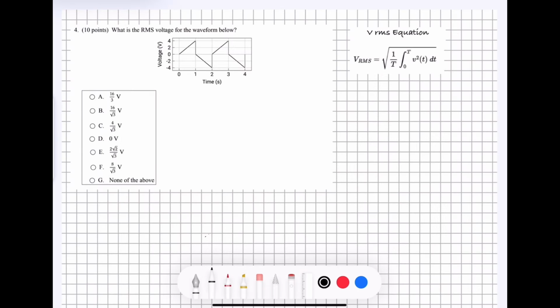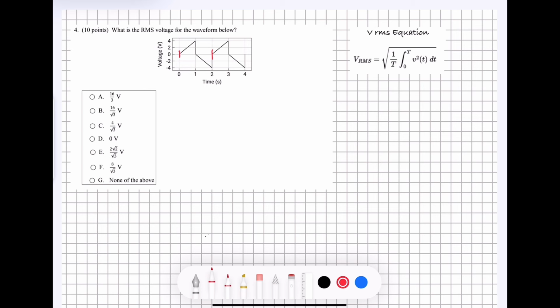Question number 4 is asking, what is the RMS voltage for the waveform below? In order to solve this problem, we first need to figure out the period over which we want to solve it. And to do that, we need to know what's the period before this function repeats. What is the period on which this function is unique? By observing the graph, we can see that the function is unique from 0 to 2.